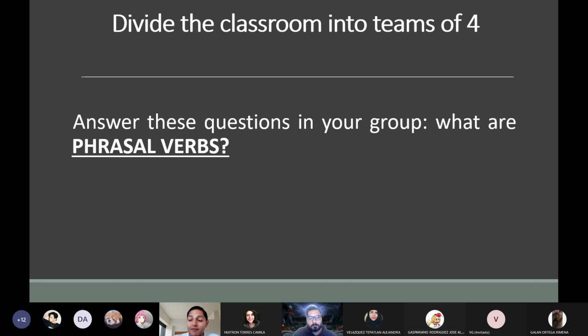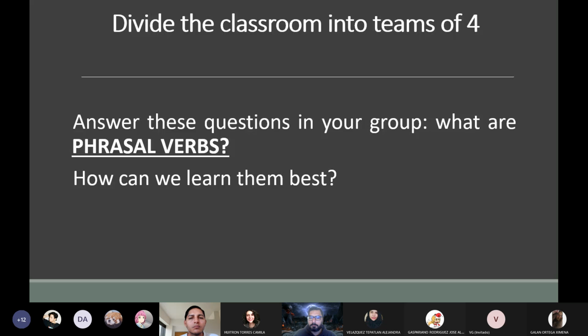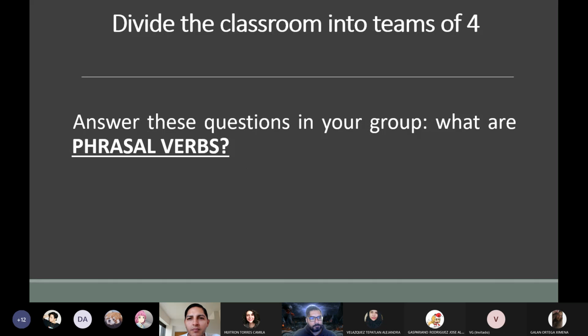Well, of course, phrases, right? And they are actions. But if somebody has got a definition there, I would appreciate it. What are phrasal verbs?